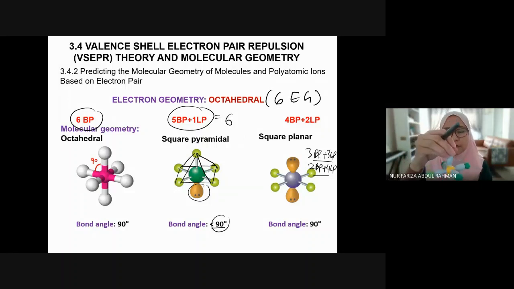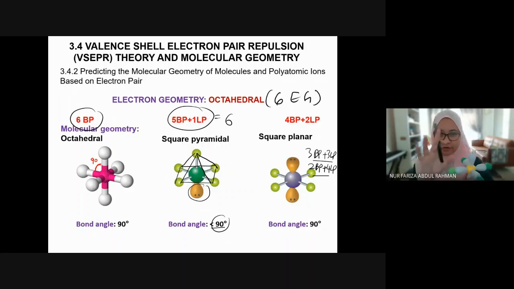We should prevent that from happening. So in order to minimize the repulsion, the second lone pair should be placed at the top. It is far away, there is still some repulsion, but it's not as significant compared to just now.